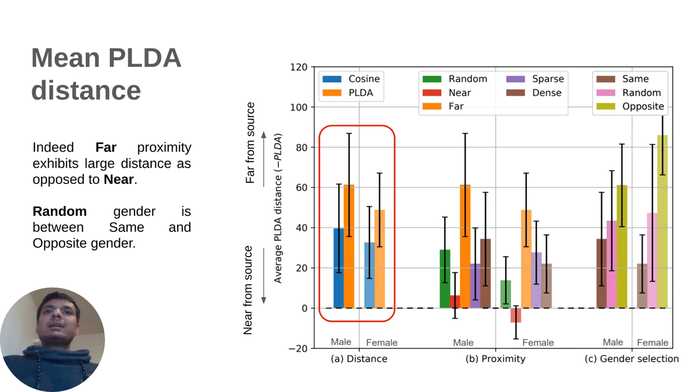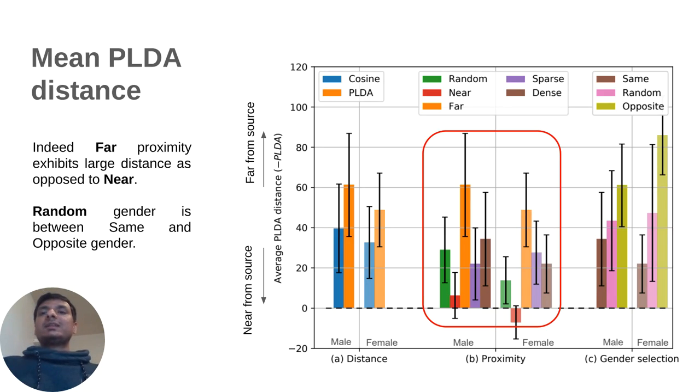Now compare the distance metric, which is cosine and PLDA. We see that the orange bar, which is PLDA, gives us much farther pseudo speakers than the cosine measure.